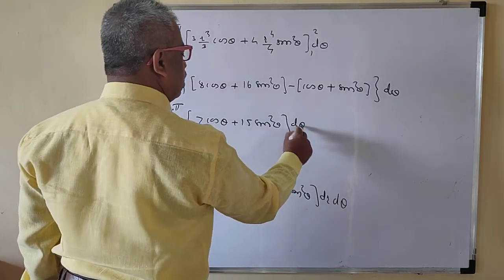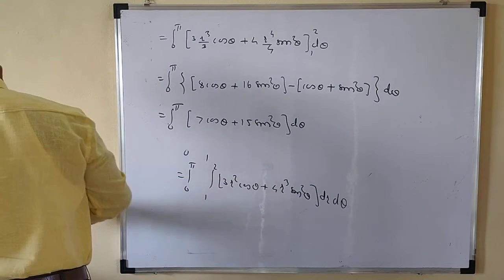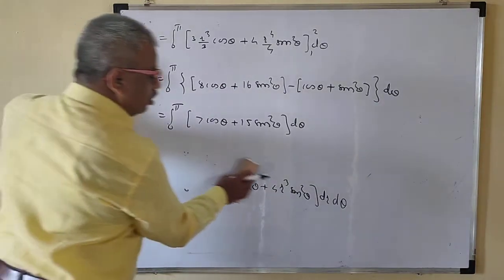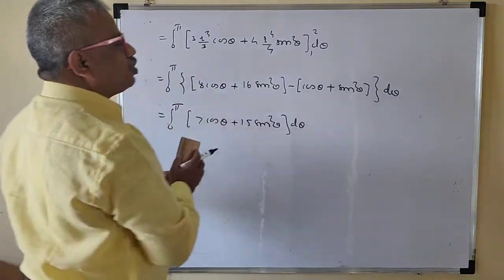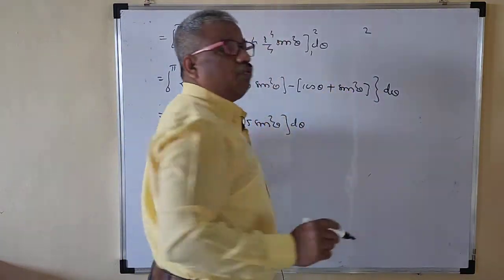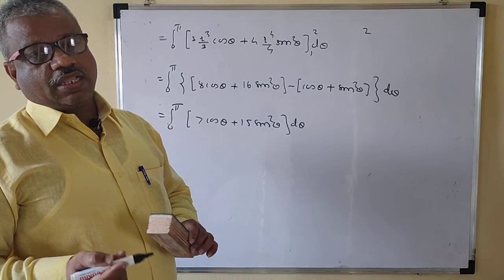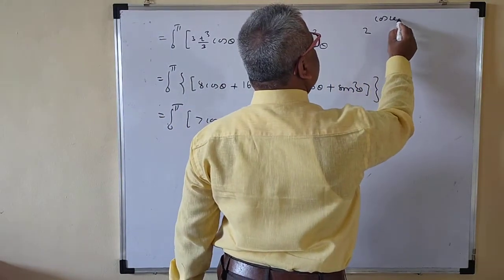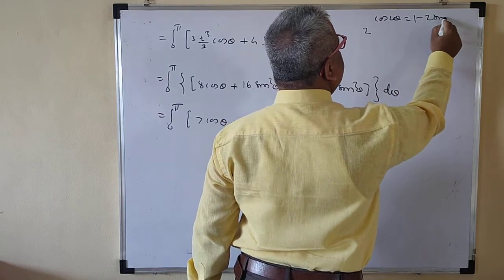Now you know that sin square theta is not directly integrable. In which formula do we get sin square theta? In the formula for cos 2 theta, which in terms of sin is 1 minus 2 sin square theta.